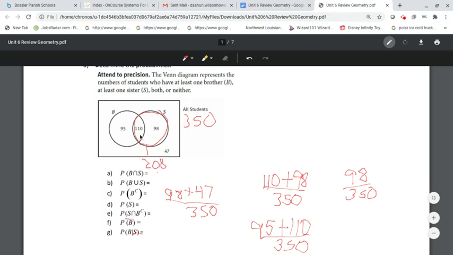All right, so my B given S will be 110 divided by 208. And that will be my answer for that one. So again, given S, I'm only going to use the S total, and I will take the union, which is 110, and divide it by 208.